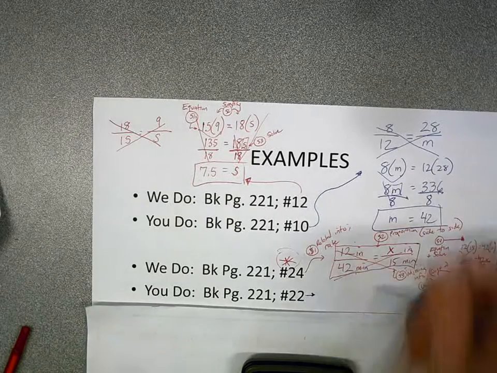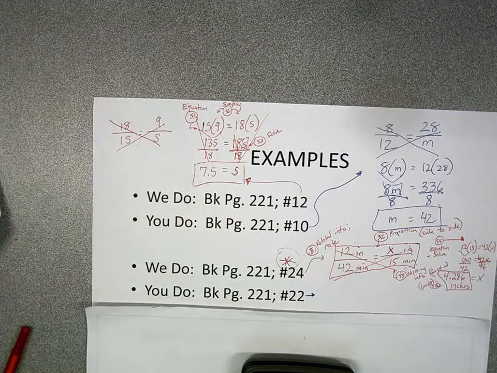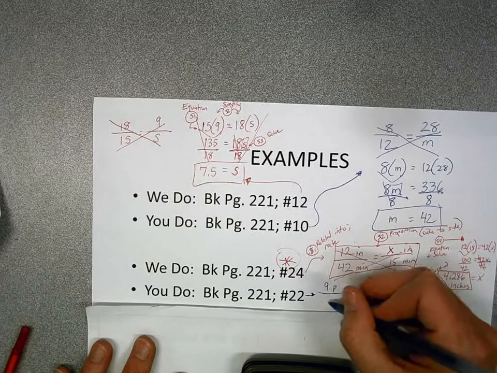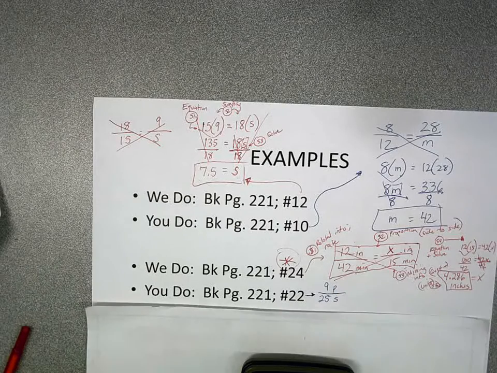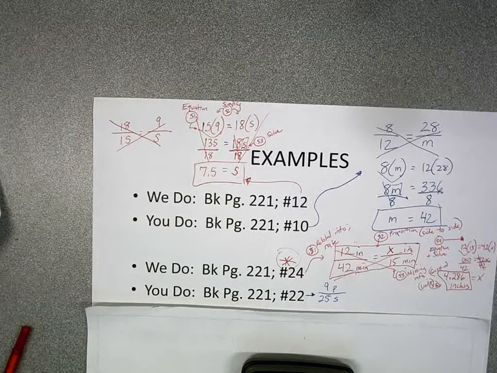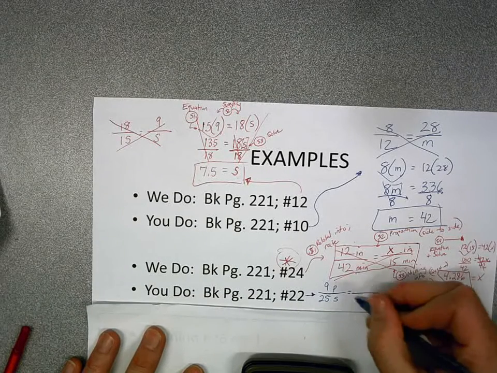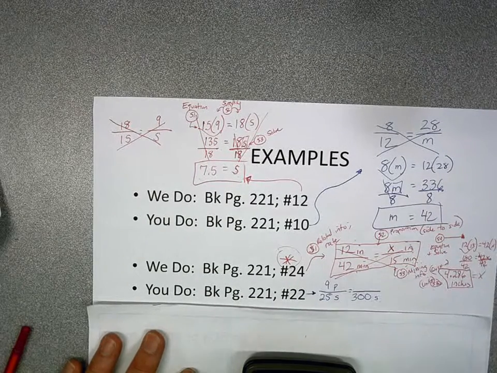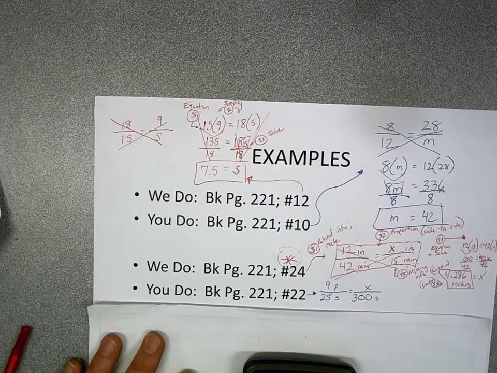Problem number 22. Principal's ordering pizzas for a school pizza party. He knows that 9 pizzas will feed 25 students. There it is. 9 pizzas to 25 students. I can even write that right now. 9 pizzas to 25 students. There's our rate. 2 pieces of information related to each other in this particular story. If there are 300 students in the school, how many pizzas will he need to order? So they want to know, what if there's 300 students? How many pizzas?